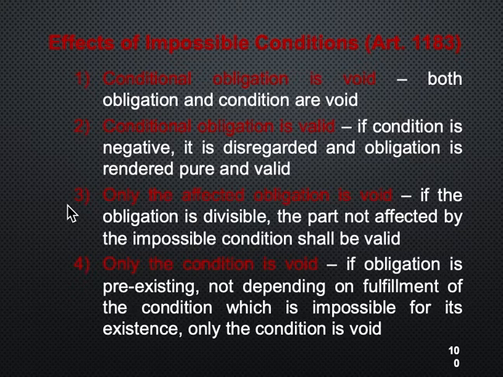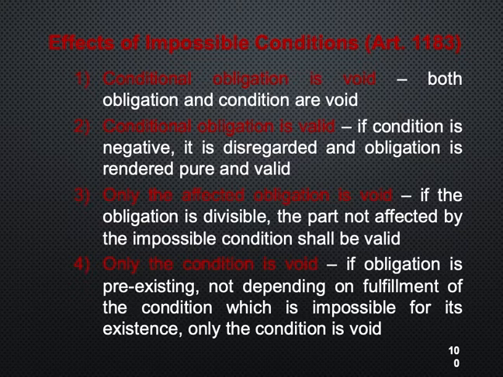So, if divisible obligation, the part not affected by the impossible condition is valid. And only the condition is void if the obligation is pre-existing and therefore does not depend upon the fulfillment of the impossible conditions for its existence, only the condition is void.